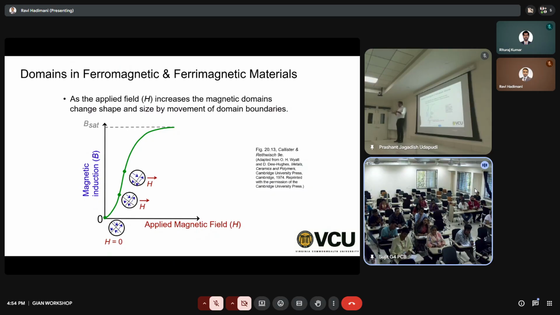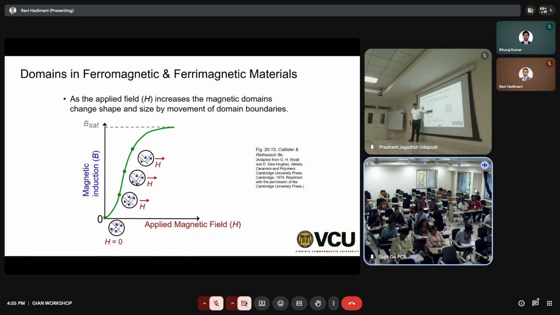Just like grains are visible. You take a really good microscope and you can see grains, right? In a polycrystalline sample, you see grains. But if you take a magnetic material, you can't see domains. Each domain has a specific spin direction. These are virtual regions, okay?